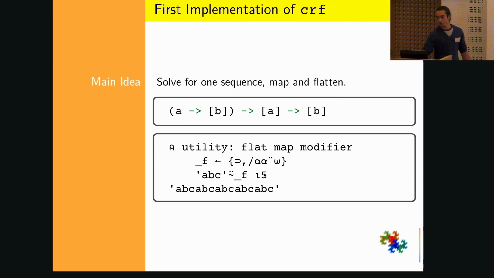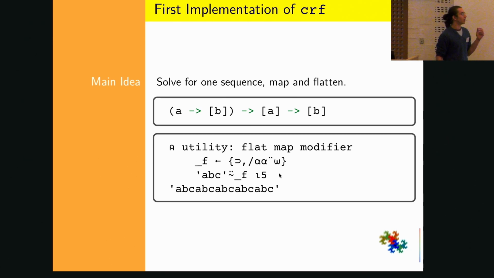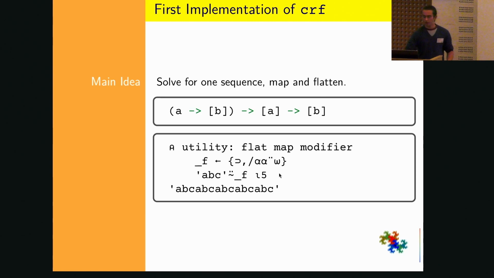We have the modifier takes the left function argument alpha alpha, applies it to each element of omega, and then catenate reduces the result. And so we can see that if we apply it with the constant function of the list ABC to a list of 5 elements, then we will get ABC repeated 5 times.